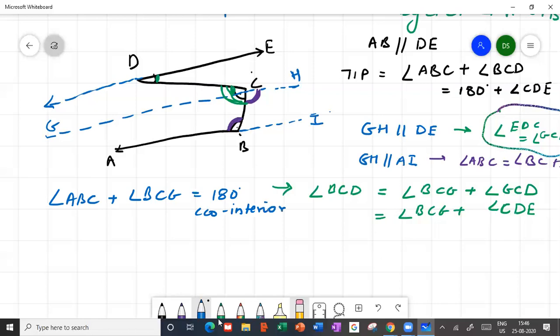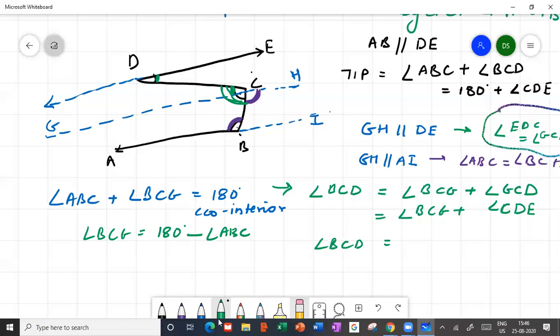I'll just explain this again because even I'm just going through it. Let me just write it, then I'll explain it to you once more. Angle BCG can be substituted then. Correct. So then BCG is equal to 180 minus ABC.